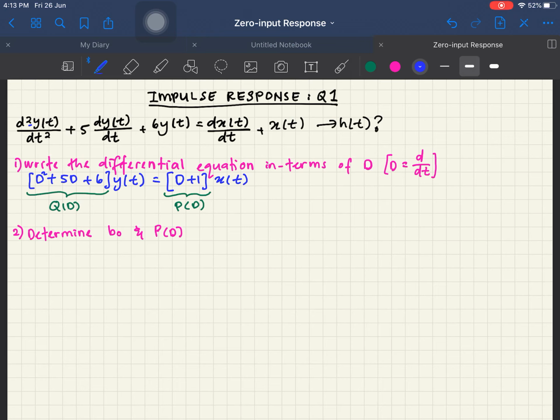So b0 is the multiplier of the highest derivative of the input. Here the highest derivative is D to the power of 1, where the multiplier is 1.